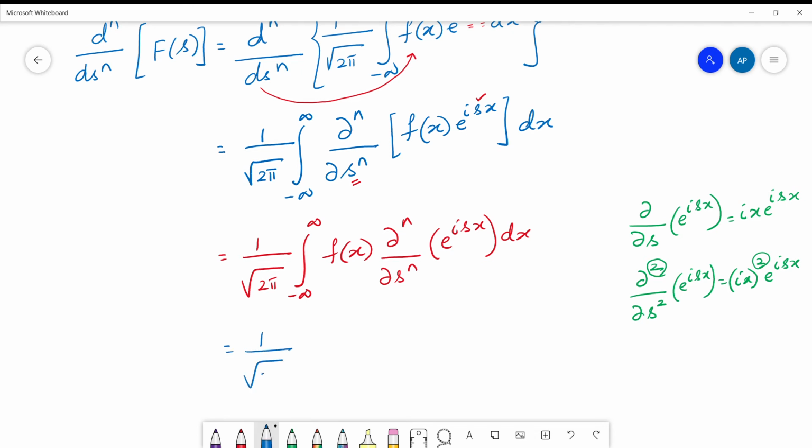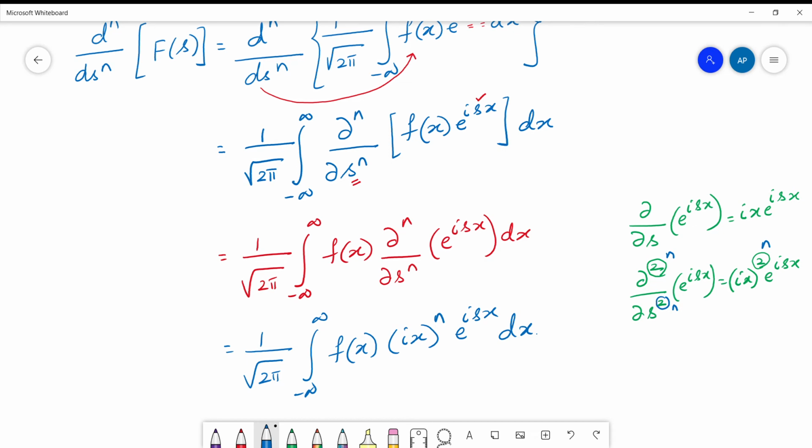And therefore, what will happen to our nth order derivative? It is 1 by root 2 pi integral minus to plus infinity f of x. Now this term will simply become (ix) whole to the power n into e power isx, and you are integrating with respect to x. I hope it's clear. If it is n here, this should also be n. So it all depends on how many times you are differentiating.